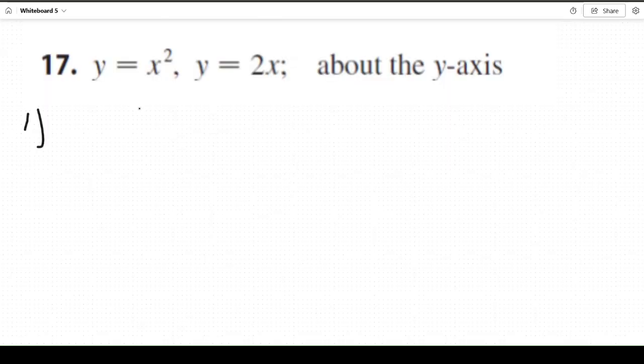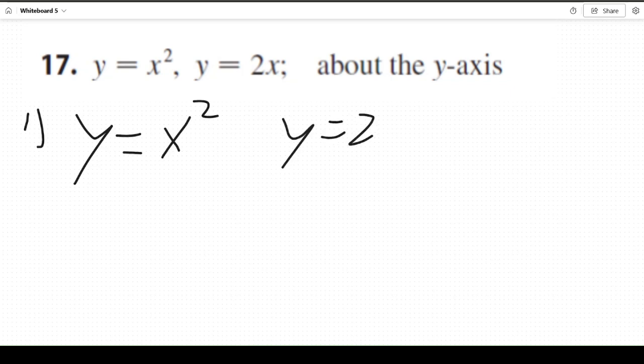Let's take a look at this problem. So we have two y functions, and we have to find the volume about the y-axis. In this situation, we are going to change it in terms of y. How can we do that? We could easily do this by square rooting.